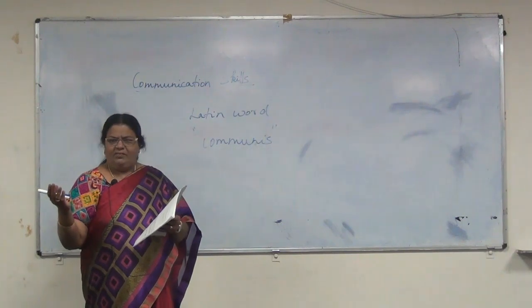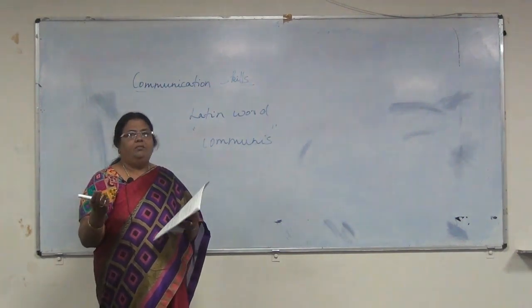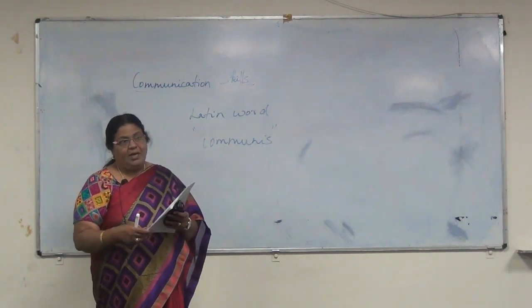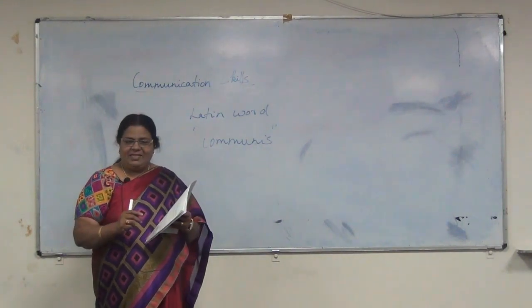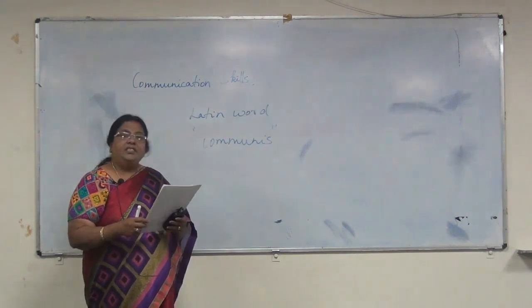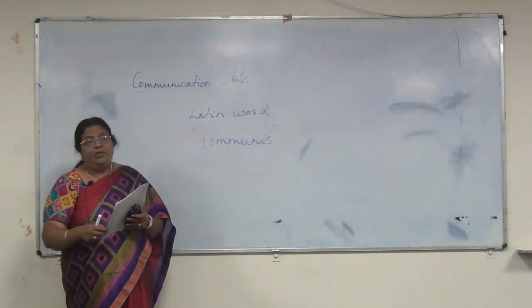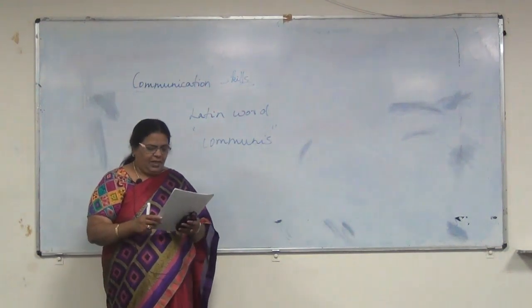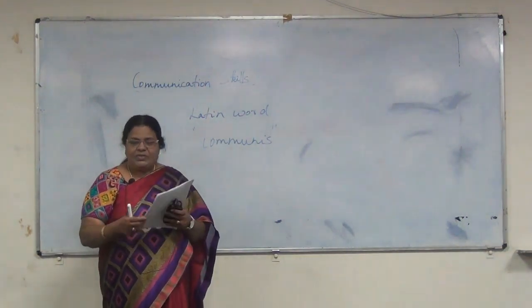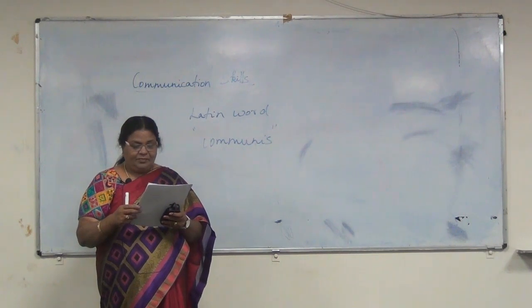Or even watching a television program or watching a film also could be some kind of communication. Of course, you are always at the receiving end. Written communication. Now, written communication is something that is a little more formal. So, you can always use your alphabets, right?